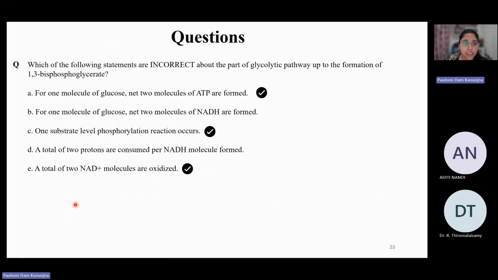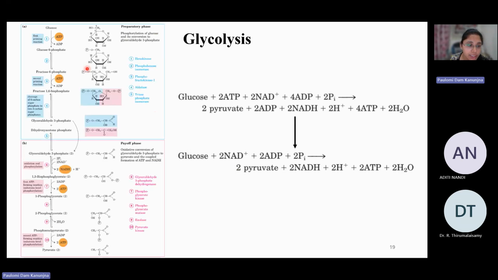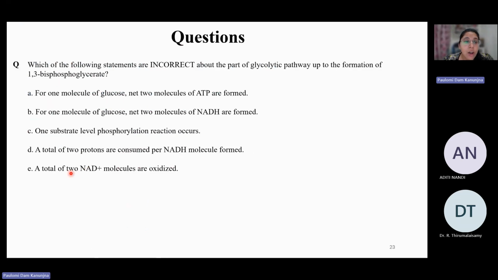Coming back to the second statement, for one molecule of glucose, net 2 molecules of NADH are formed. Again, if we go back to this, till this step, NADH is formed. Definitely, right? It has used up 2 NAD plus, reduced it to form NADH. That's correct. The third one says one substrate level phosphorylation reaction occurs.